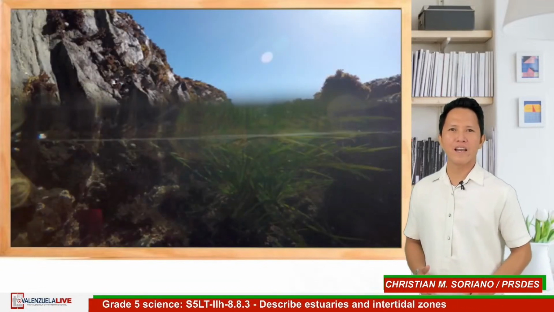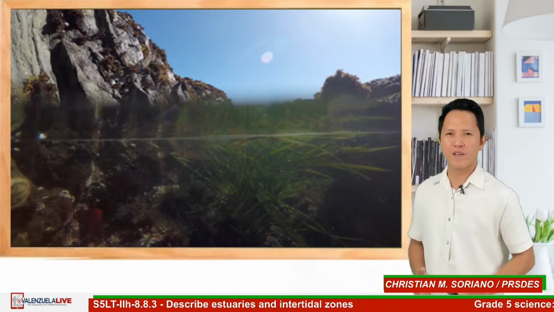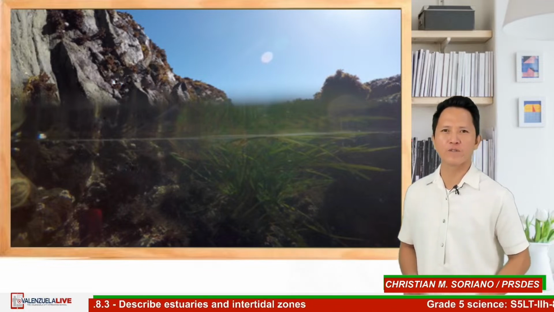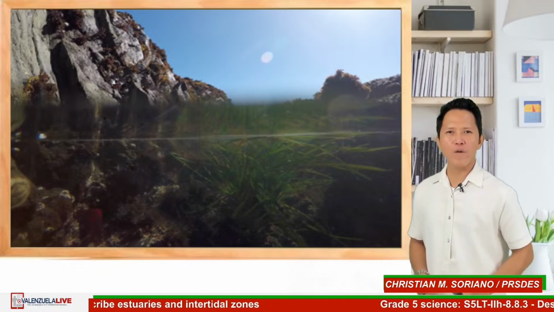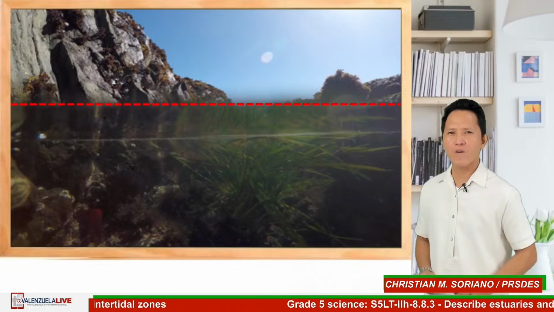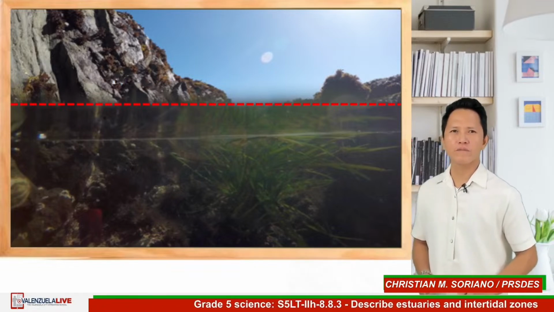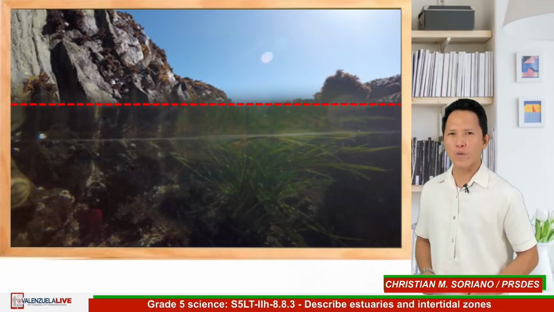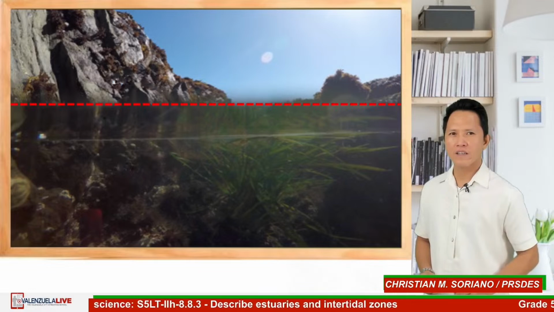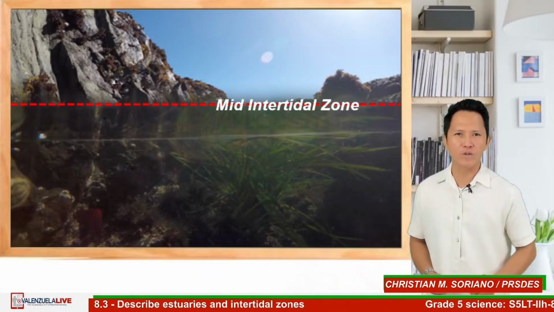Now, let us have a close picture of an intertidal zone. So I'm going to draw a line, and this line is the water level in this zone. And we call this zone the mid-intertidal zone.